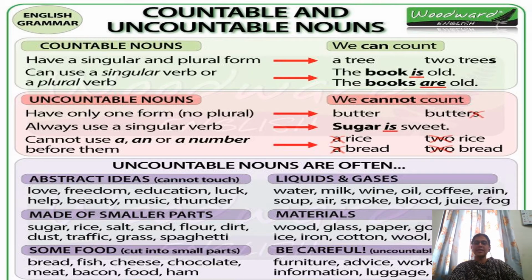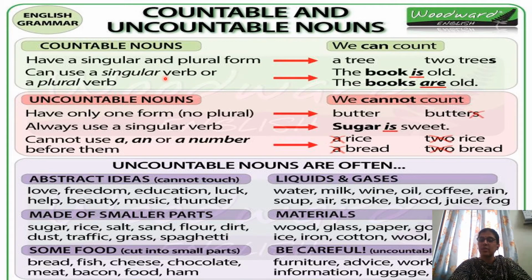Now let us see some more examples. Yes, we already saw the singular and plural form. Let us see an example. Countable nouns, as we can count. A tree, which talks about one tree. Two trees. We add s at the end for the plural, so it becomes two trees. Can use a singular verb or a plural verb. So countable nouns, you all must have learnt about these verbs, right?